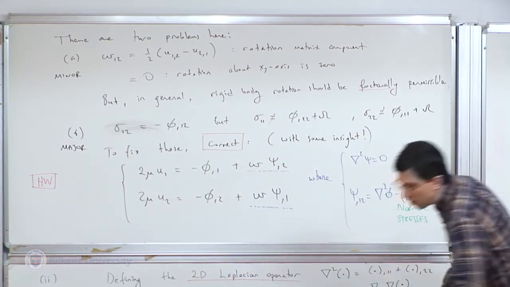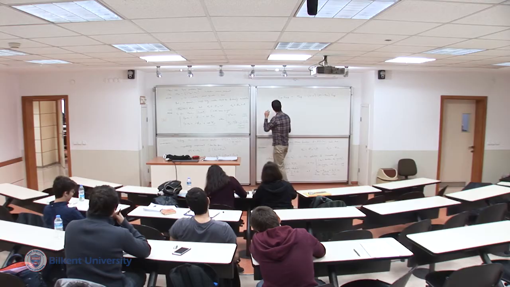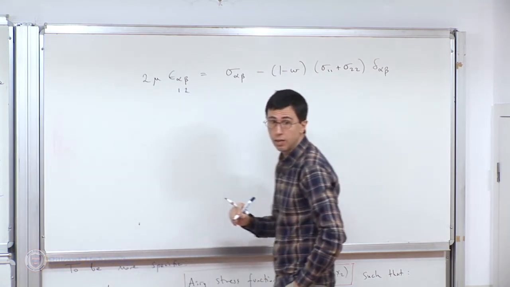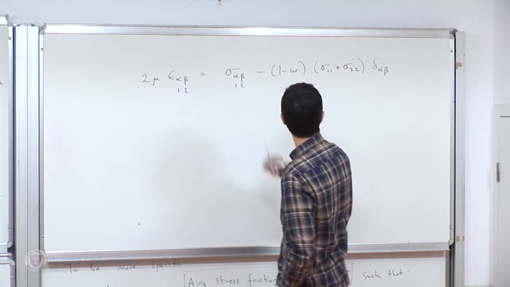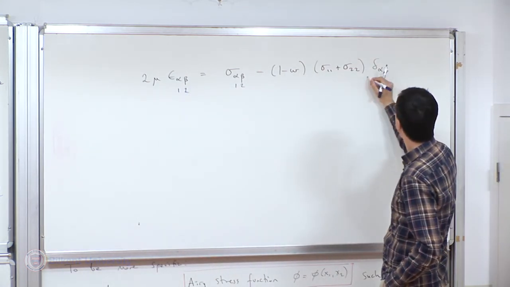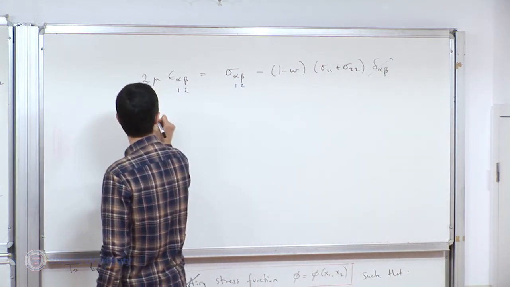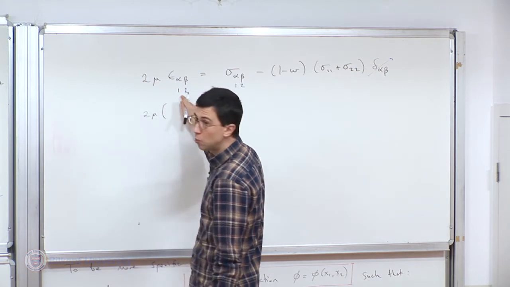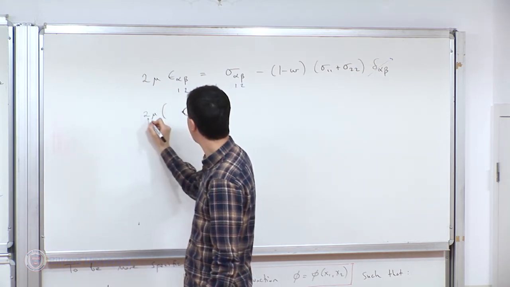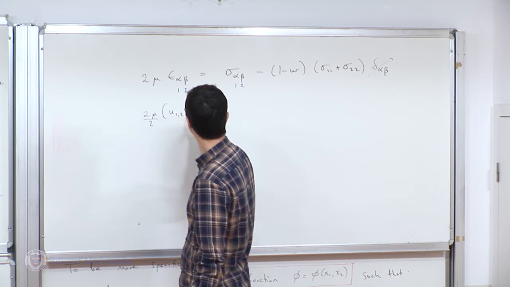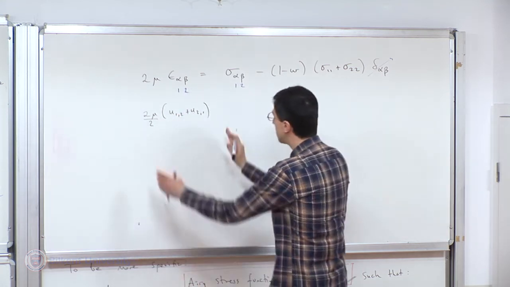Okay, so for shear, what I'm going to do is I'm going to go in and throw in here a 1, 2. That's also a 1, 2. And this term dies. So I have 2 mu epsilon 1, 2. And that is 1/2, right? U1, comma 2 plus U2, comma 1. So that's the left-hand side.